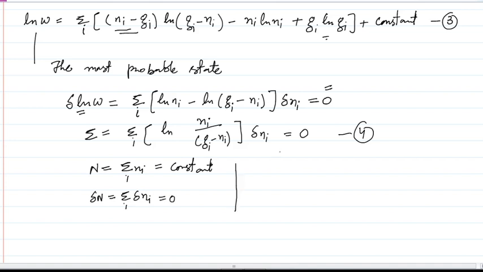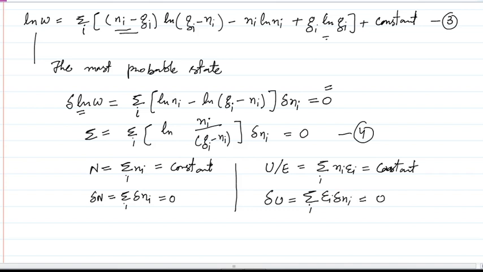Similarly, if we take total energy, you can write it U or E, it will be equal to summation I Ni Ei. This will also be constant, and if you differentiate this relation, it will also be equal to summation I Ei delta Ni will be equal to 0.